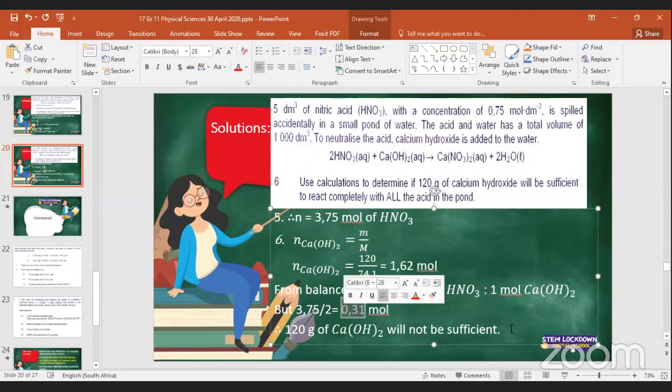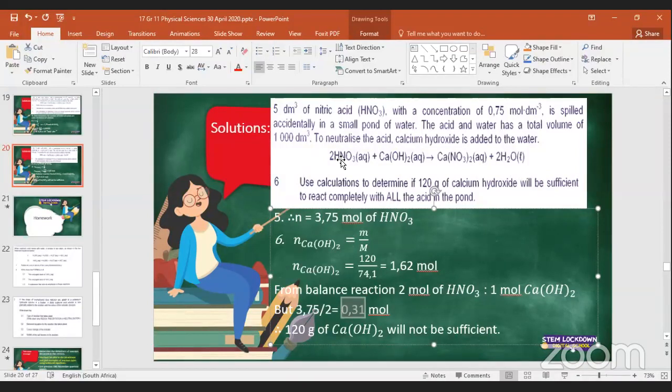Remember, we know the number of moles of an acid is 3,75. So we want to check if this number of moles of a base, 1,62, will be sufficient to neutralize the 3,75.